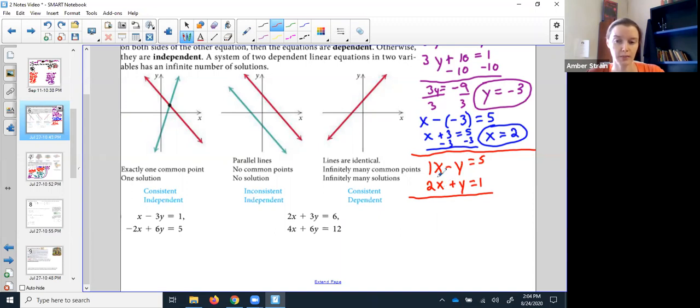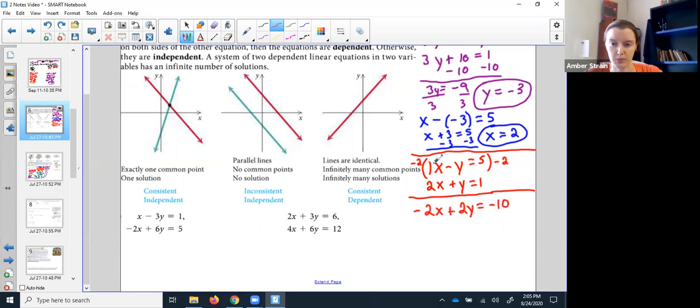If I wanted to eliminate one of the x's and make them match, usually we use integers instead of fractions. So I would multiply the top equation left and right by the value -2. That's going to change the top equation into -2x plus 2y equals -10.